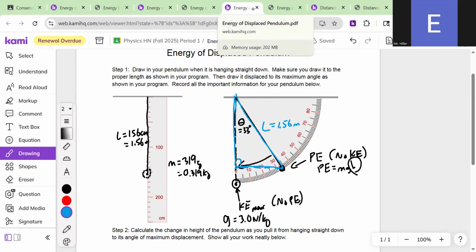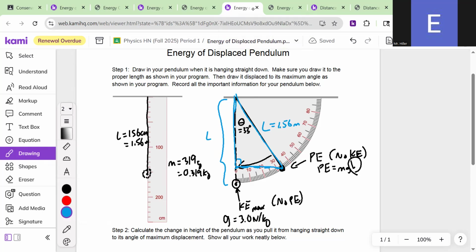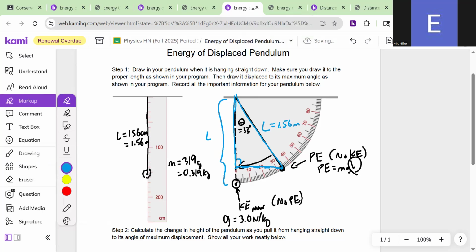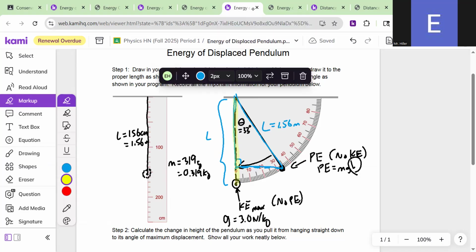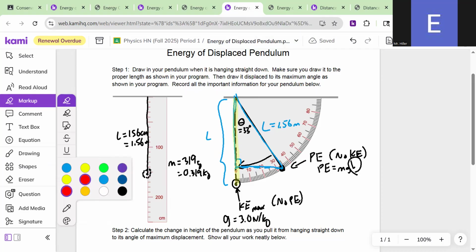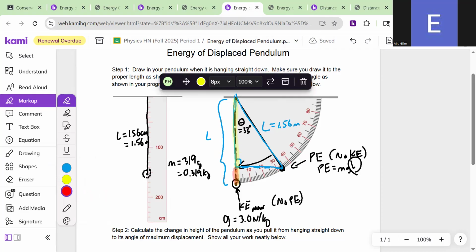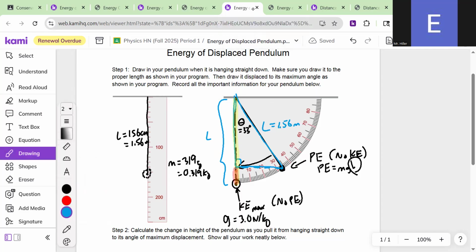This whole thing here is also the length of the pendulum, the yellow. Now, the red that I'm about to highlight is the height right there. The height is from where the center of the ball starts to where the center of the ball will be. That is the height.